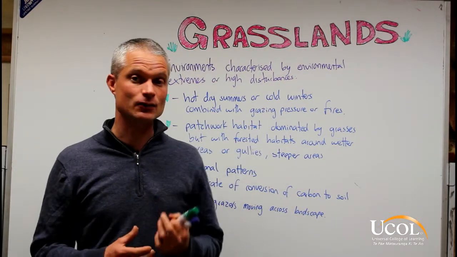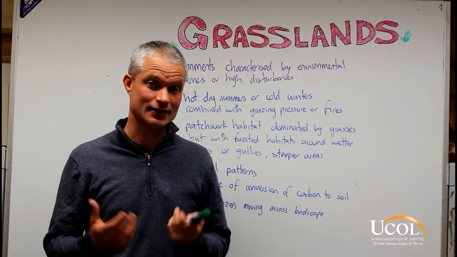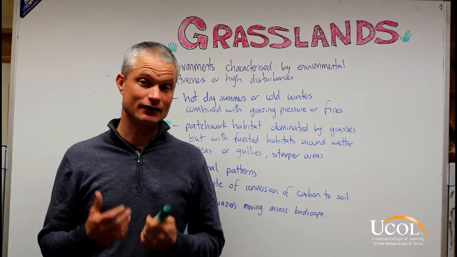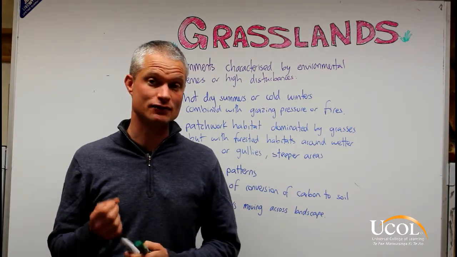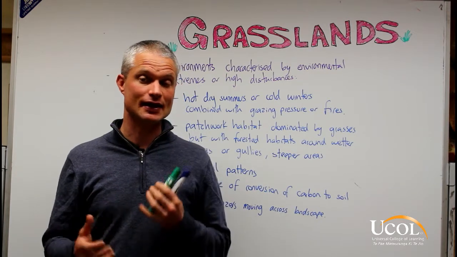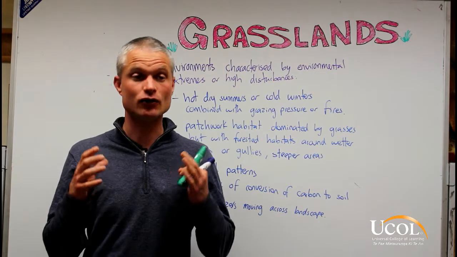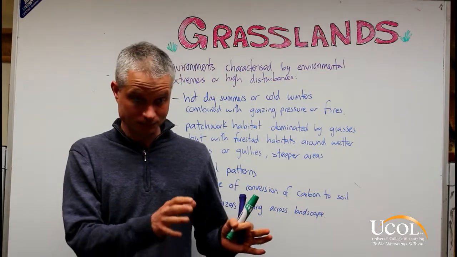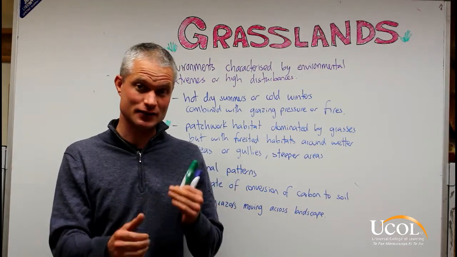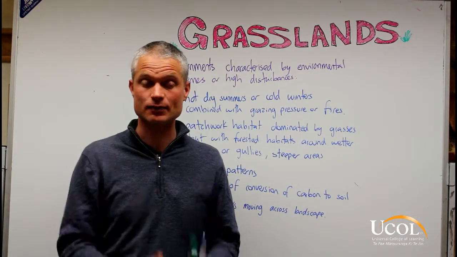And that's a system where there's a dominance of plants, normally grasses, that have adapted to that high disturbance regime, and they're the ones that are most able to carry out their life cycles and occupy that niche and that habitat in the presence of that continuous disturbance that's impacted upon it.